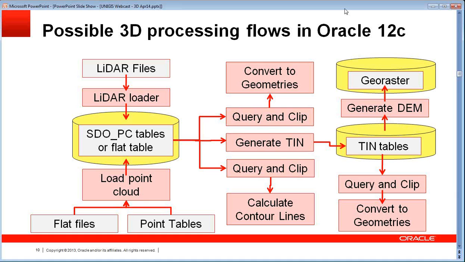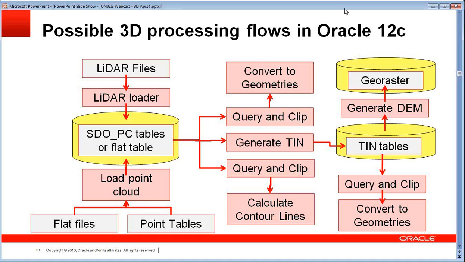So once you've loaded the data, and there are different tools to actually load various formats, you can go ahead and turn, for instance, the point cloud into a triangulated irregular network, which in itself is a data type in the Oracle database, which you can then convert into gridded data in order to have a digital elevation model.